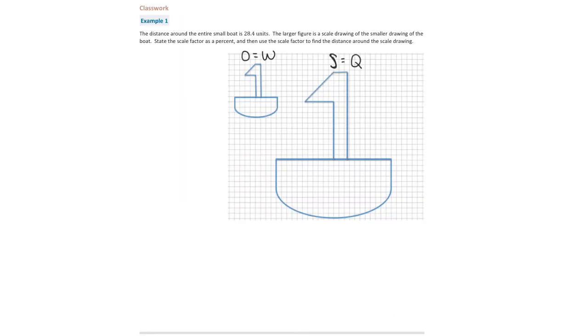Now, we need to remember, in order to find the scale factor, it's going to be our scale length over our corresponding original length.